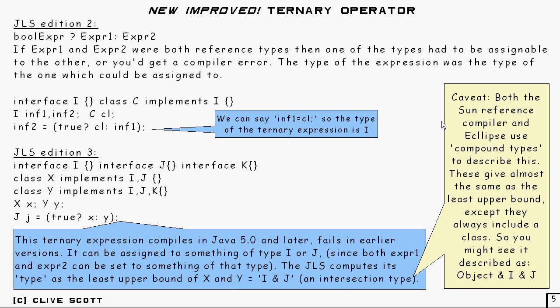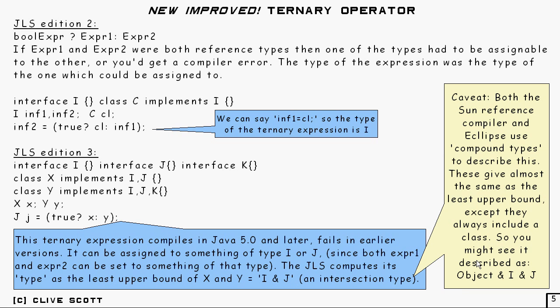Right, here's a little warning here. It's a caveat. That's Latin for warning or something like that. Both the Sun reference compiler and the Eclipse system use what's called compound types to describe this. And these give almost the same answer as the least upper bound, except a compound type is slightly different, because a compound type always has a class in it somewhere, even if it's Object, as in fact it would be in this case.